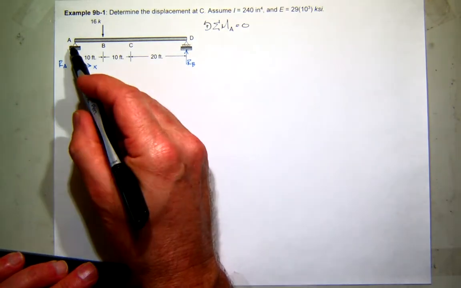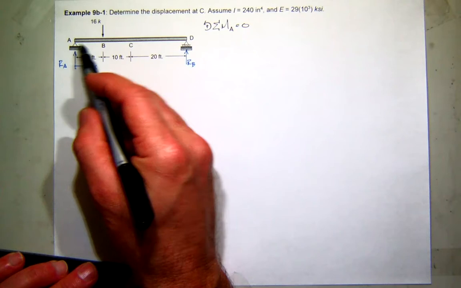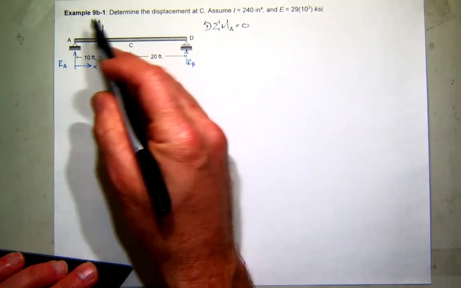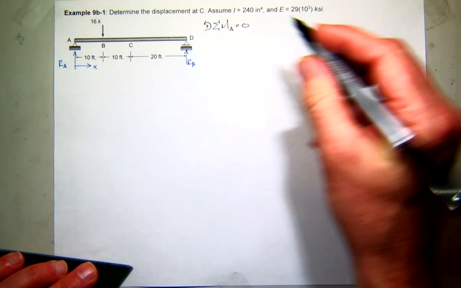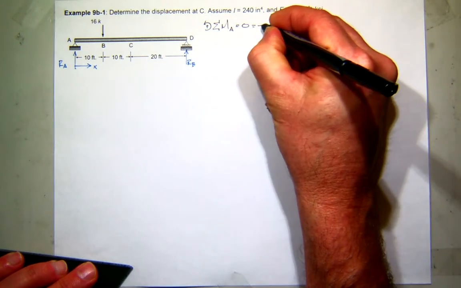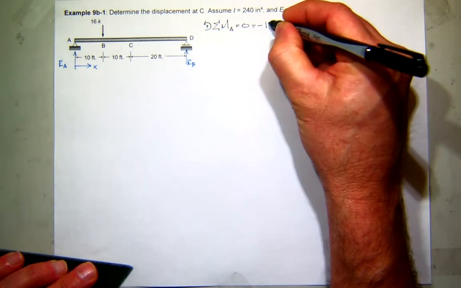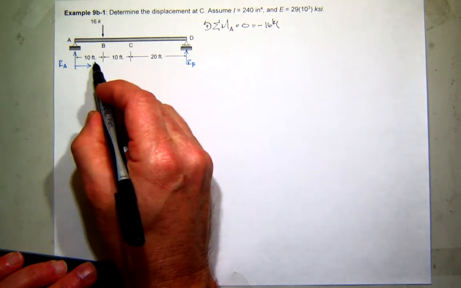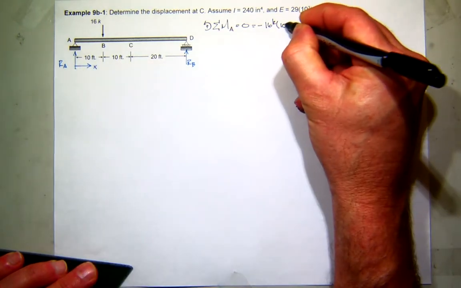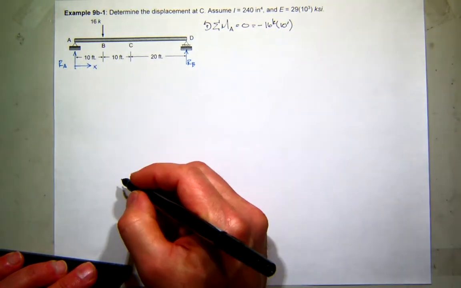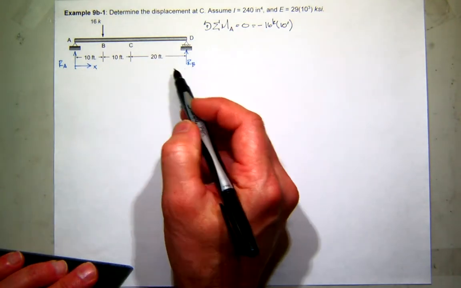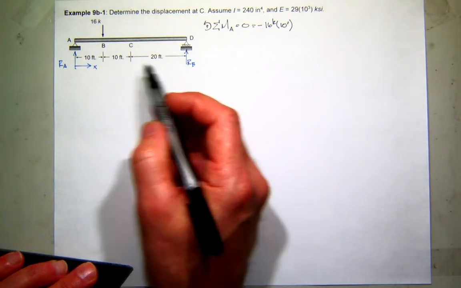So I'm looking at the moment about A for my various forces. The applied force is going to create what kind of moment about A? Positive or negative? Negative. So there's my negative moment. The force is 16 kips, and the distance from A to B looks like 10 feet. The next force in the system would be the reaction at B, and that's going to create what kind of moment about A?